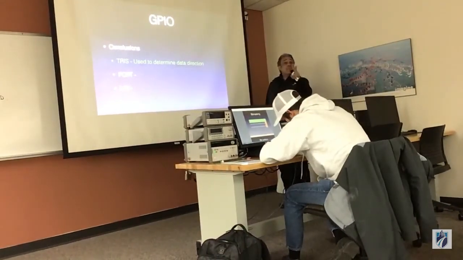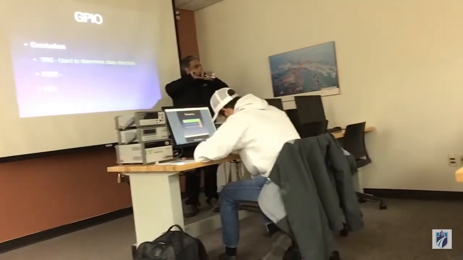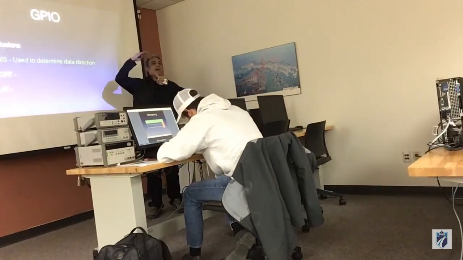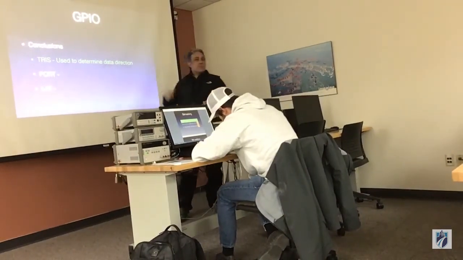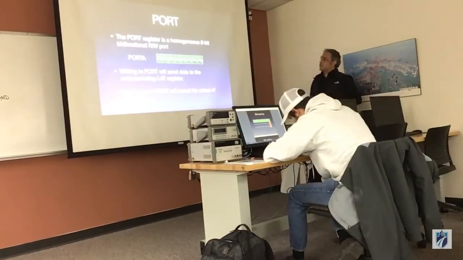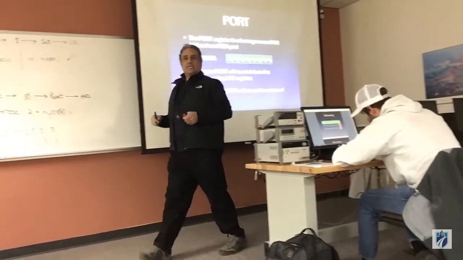All right, the second most important register. Notice that if you remember the little triangle that we drew at the beginning, tri-state always happens first. In the software world, tri-state always happens first. Now comes Mr. Port, and port is actually quite useful. Port is also homogeneous.